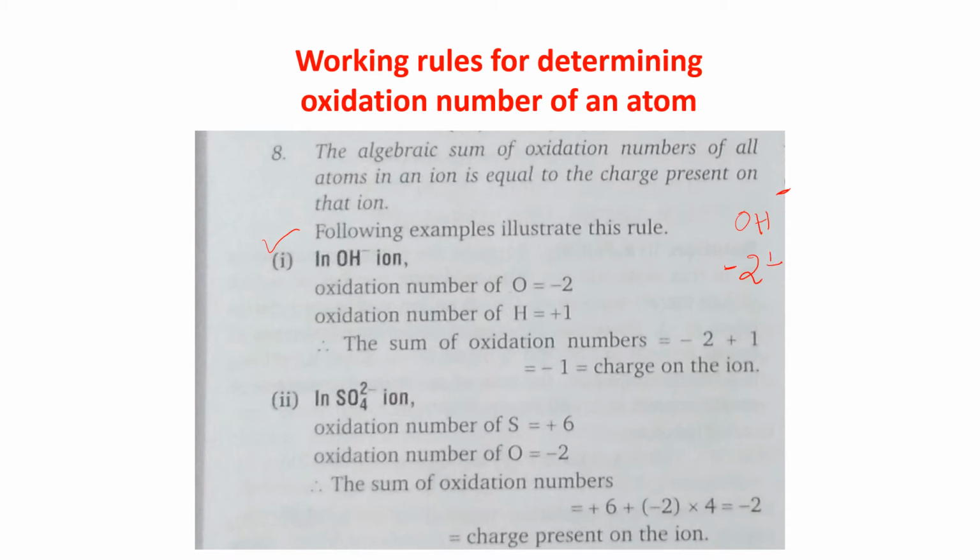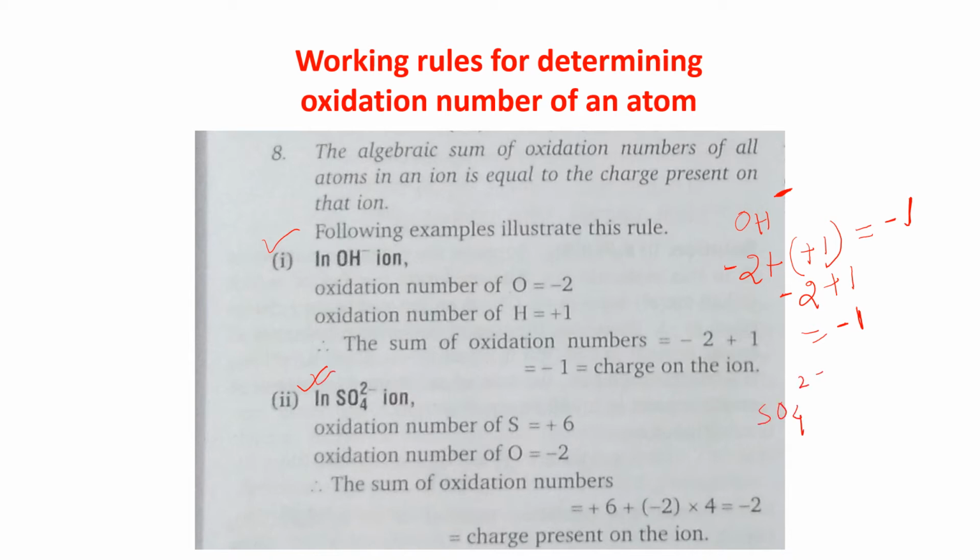So there will be plus bracket +1. So this should come -1 because the charge is -1. So it should come -1. Now let me see, -2 plus 1. This is also coming to -1. Is it okay?